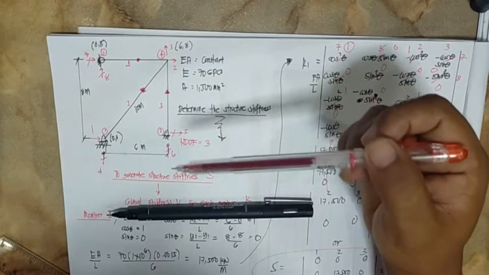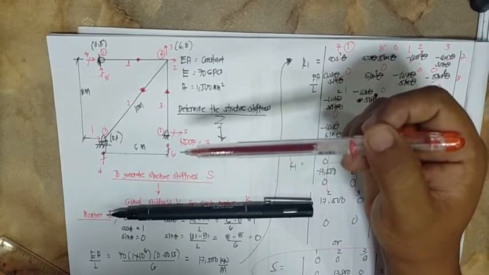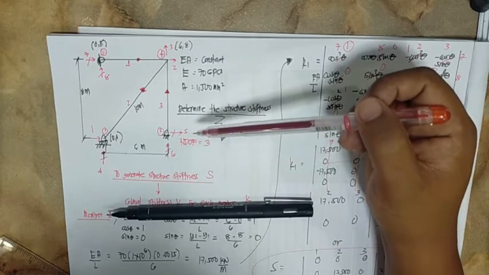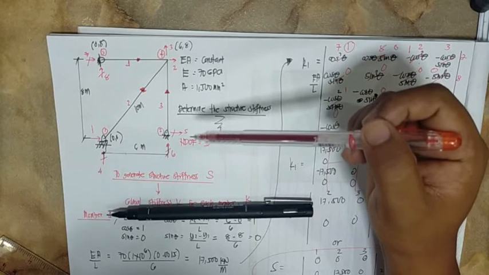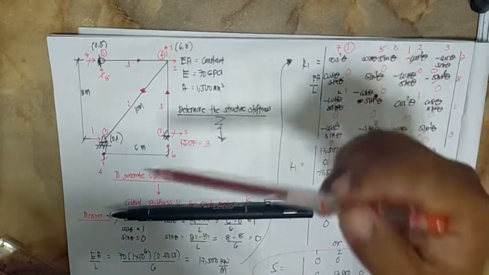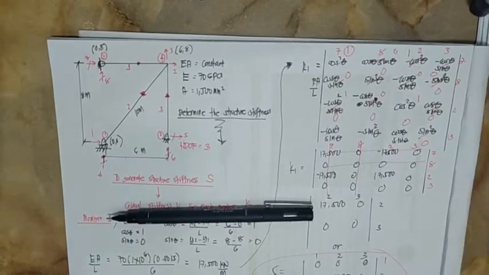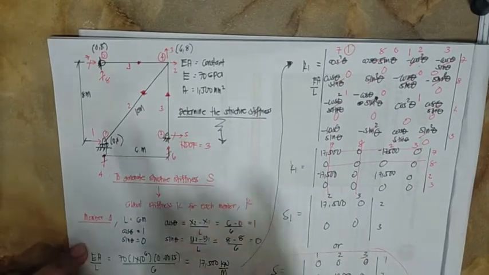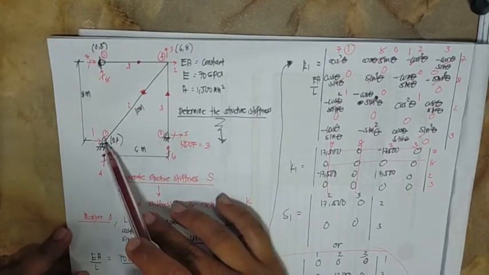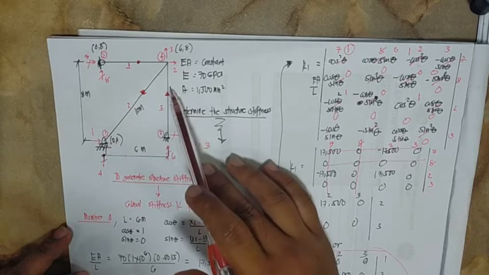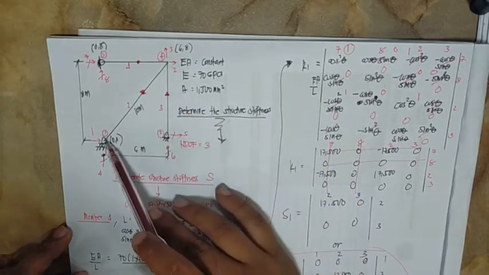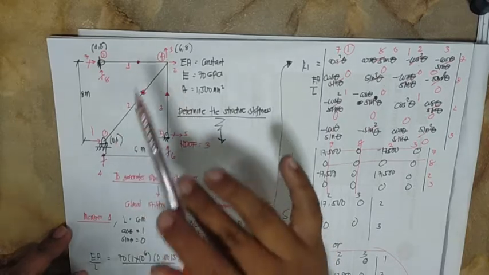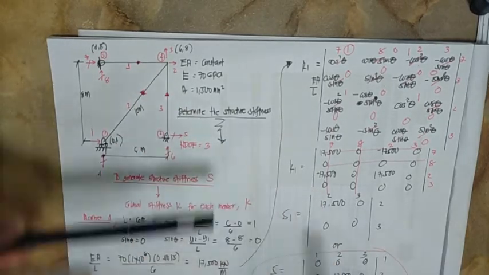On my next example, we will now incorporate this structure stiffness to determine the displacement. Okay? So that is the concept behind. Always remember that the number of the translation is actually the number of degrees of freedom. And for each translation, it has equivalent values of forces to be discussed later.